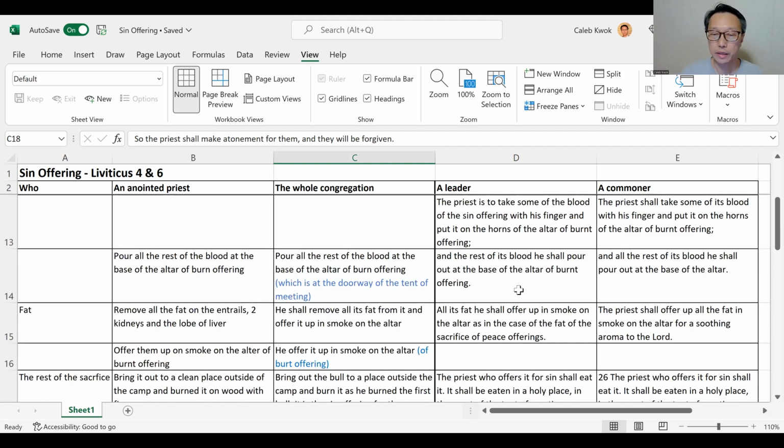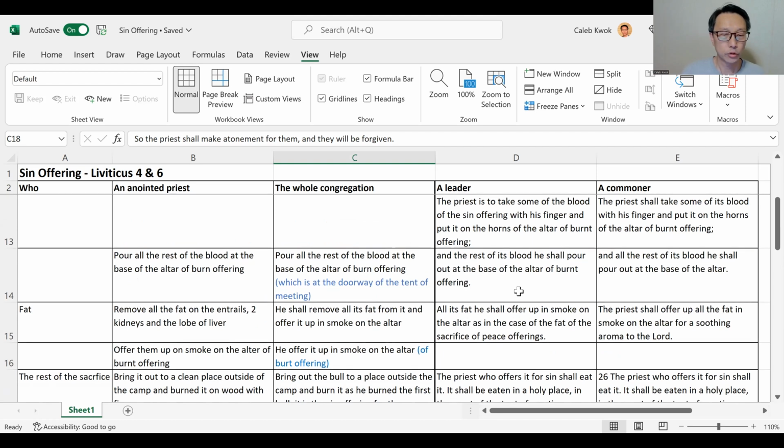Okay, now something interesting too. For the treatment of the fats, it's the same thing. They're supposed to take the fats along with the kidneys and the liver, and then burn it to the Lord.